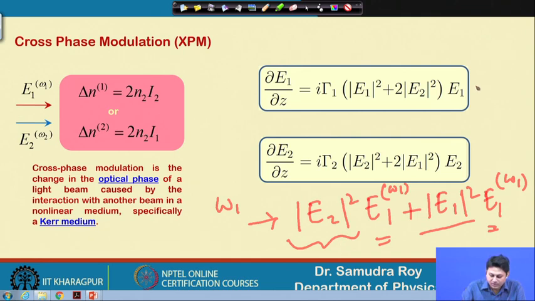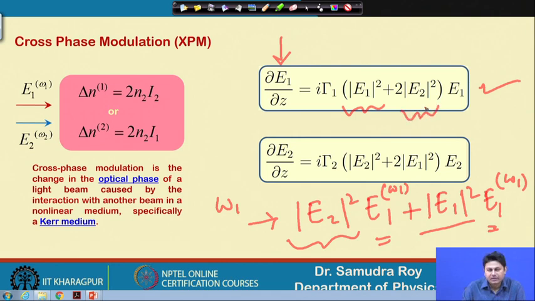If we look at the differential equation shown here, you can see a similar expression, and a factor of 2 should be here because of the degeneracy factor. Why this 2 is here we have already explained in the last class. But remember that when I am looking at the self phase or cross phase modulation terms for E1, there should be a mod of E1 term here and also a mod of E2 term.